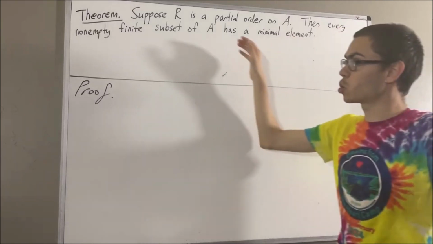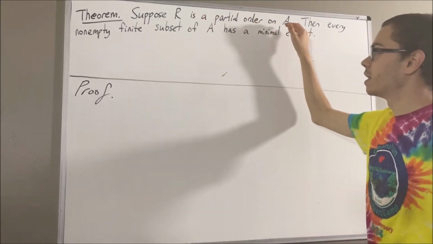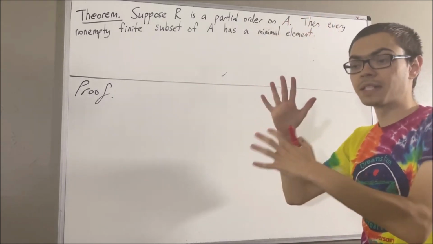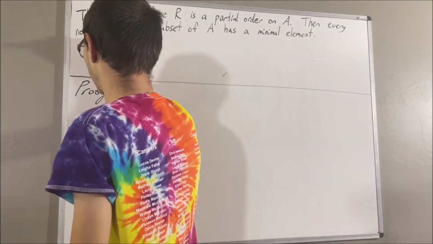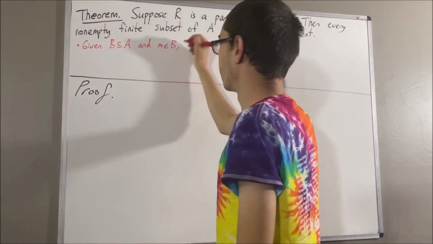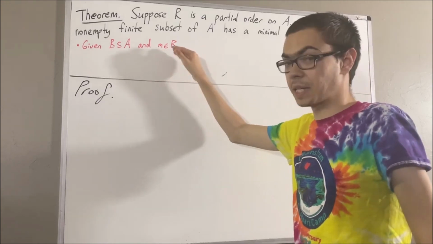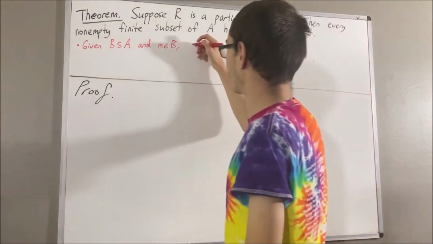Well, we have a partial order R on A, and if we're also given B is a subset of A and M is an element of B, then to say that M is a minimal element of B means the following.